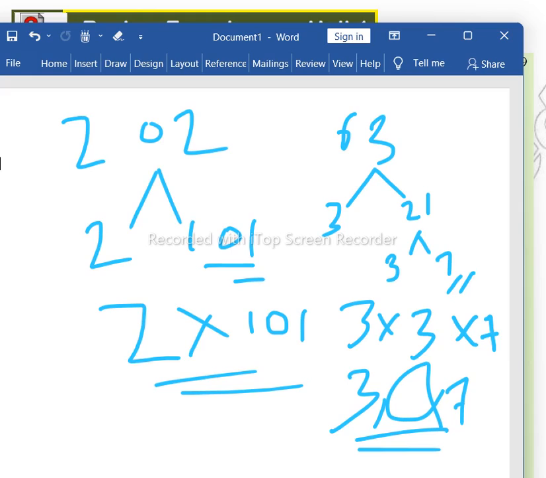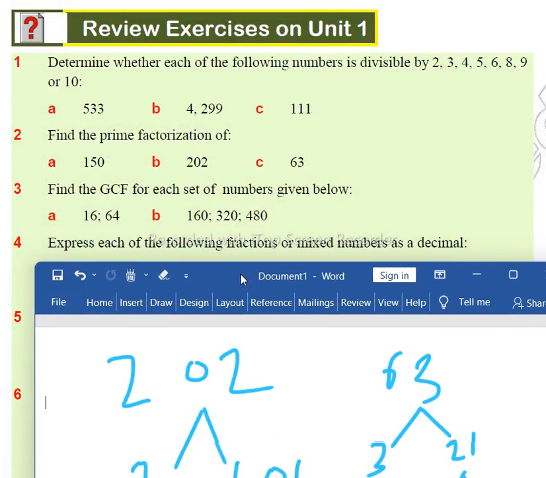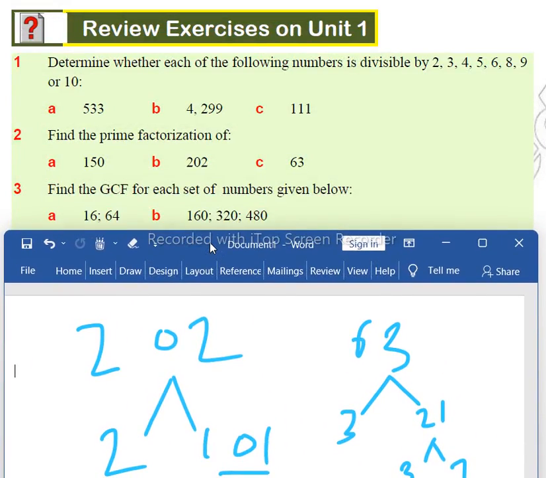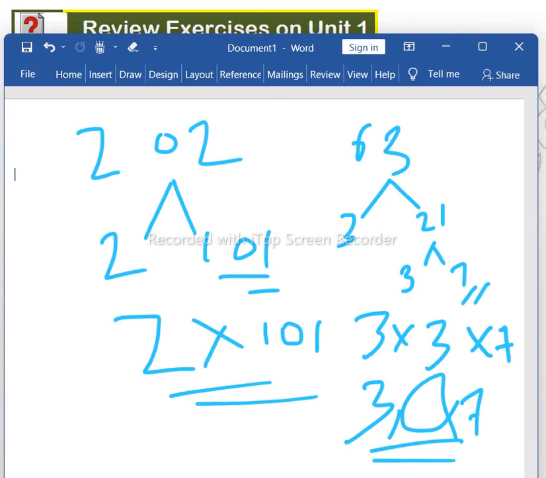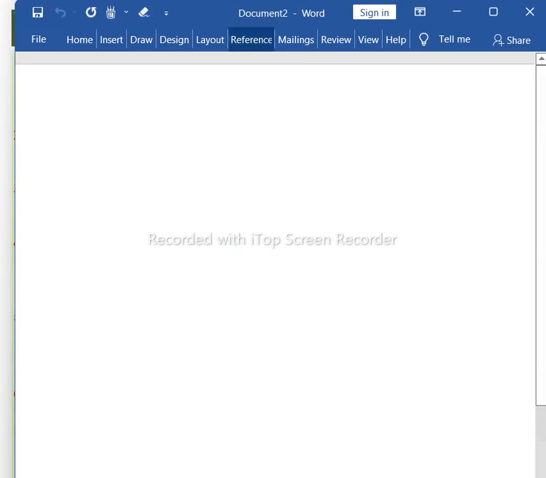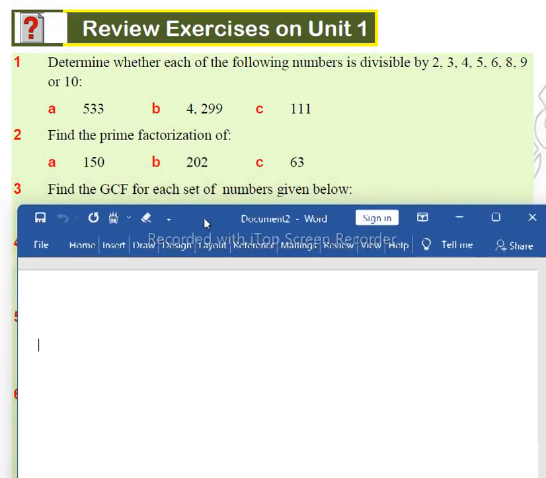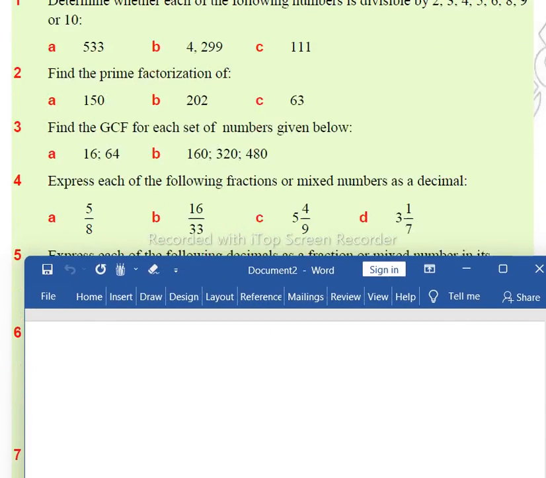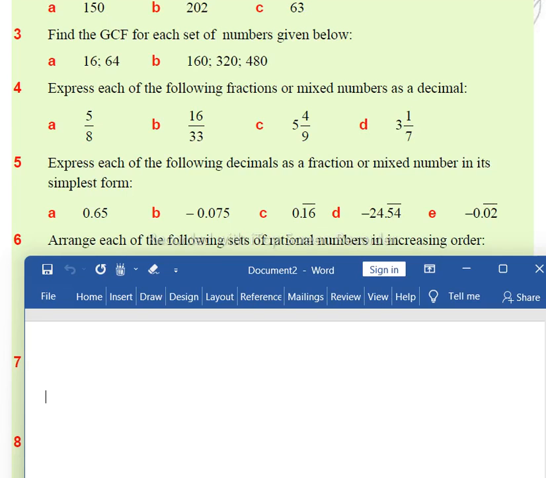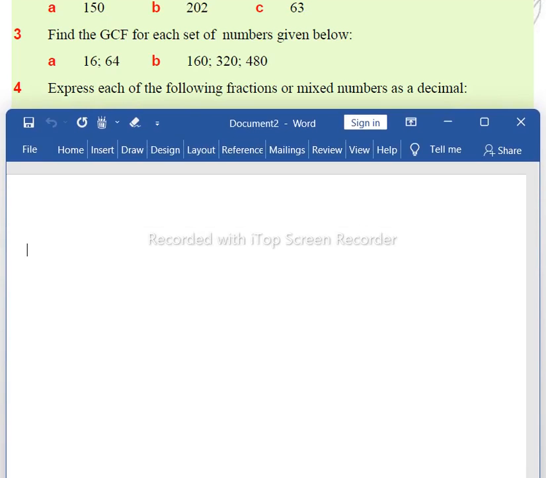This is all about question number 2. We move to question number 3. Question number 3 says: find the greatest common factor of each set of numbers given below.